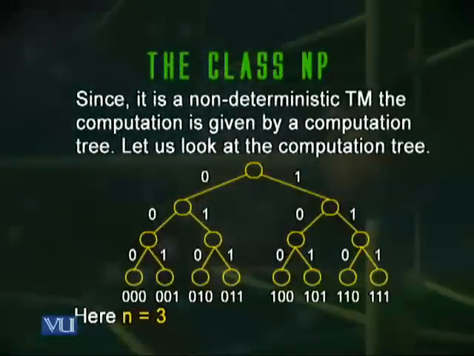Let's have a look at a computation of this Turing machine and see the computation tree and how it looks for k equal to 3. As you can see, this tree has depth 3 and it has 8 leaves. And these 8 leaves are all possible strings of length 3 that you can have.